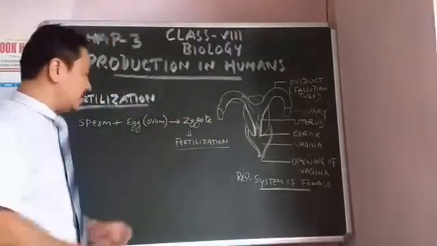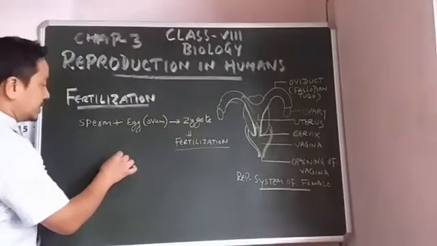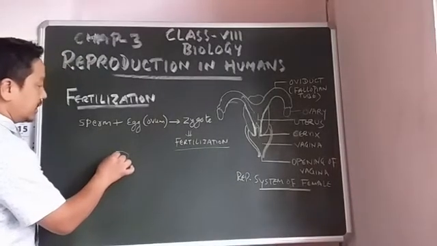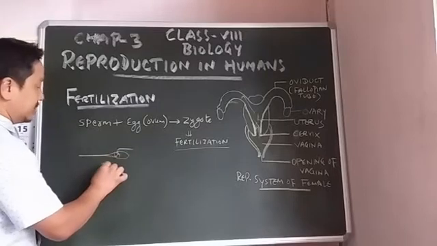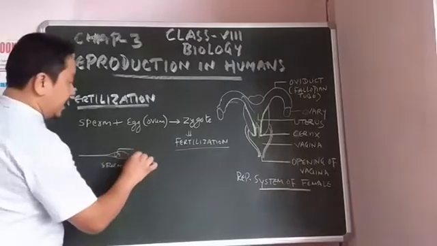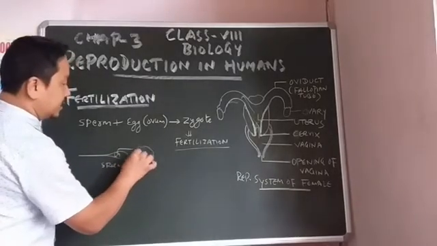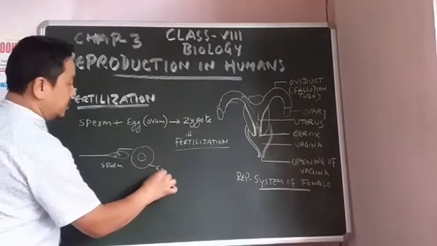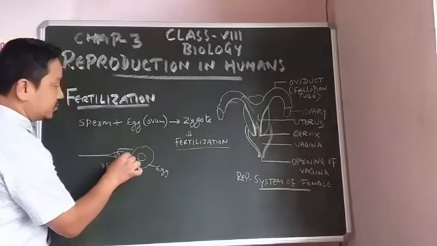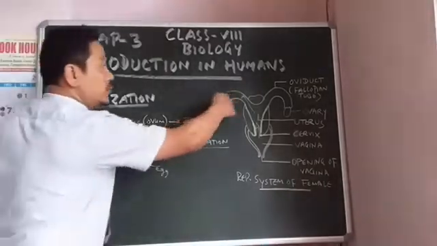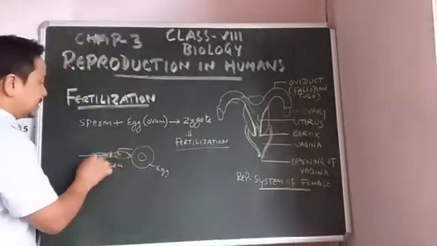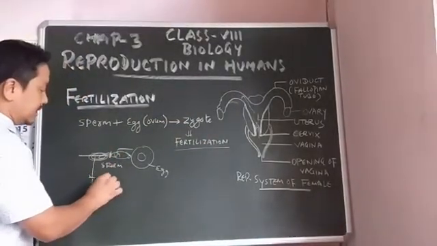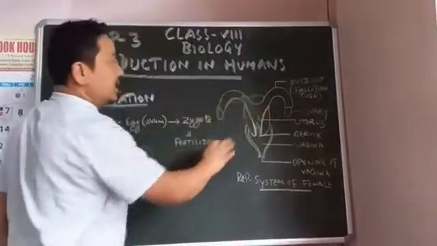Suppose this is your sperm, which we have discussed last time, and this is the egg. When it finds the egg, to fertilize it, this tail region will be left behind.